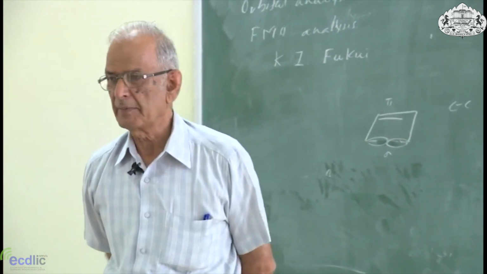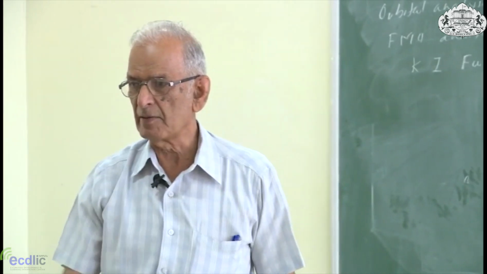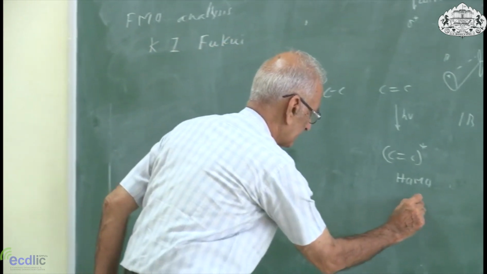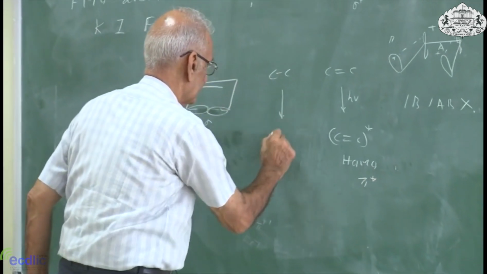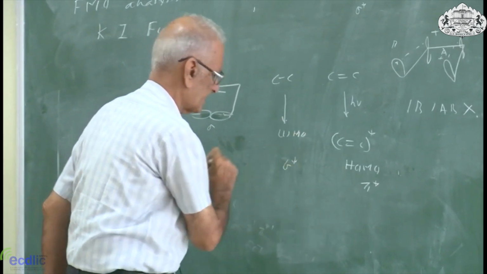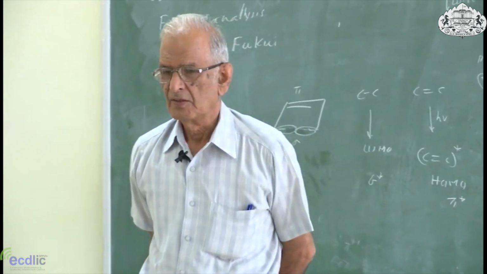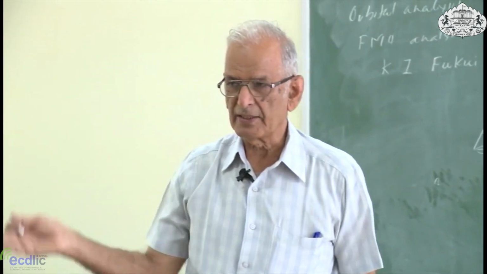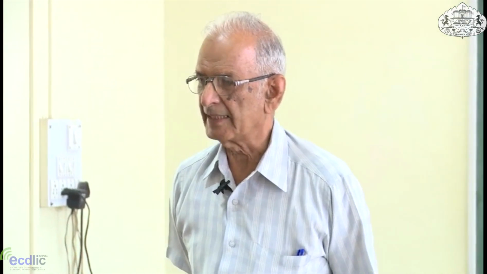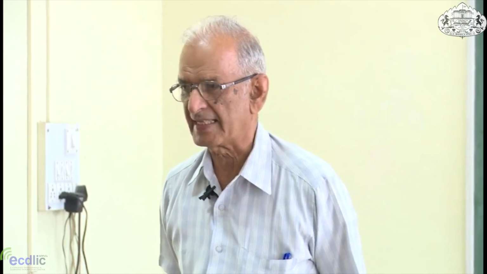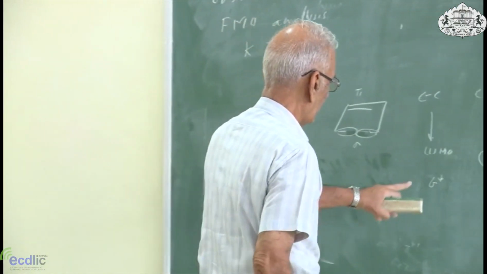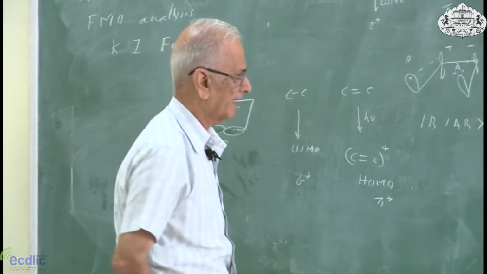When I excite carbon-carbon double bond, what will happen? Pi will become pi star. And LUMO of this, that's going to be sigma star. So I always take the HOMO of the system that I excite. I excited the double bond, so I took HOMO of the excited double bond. So I should draw the picture involving sigma star and pi star.